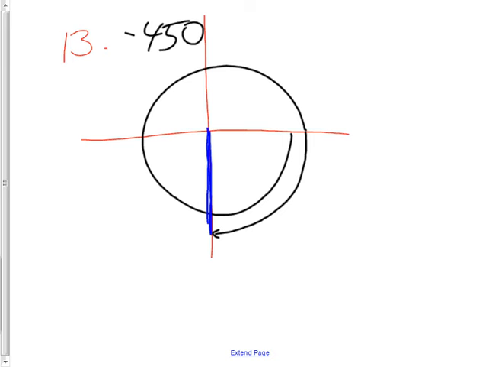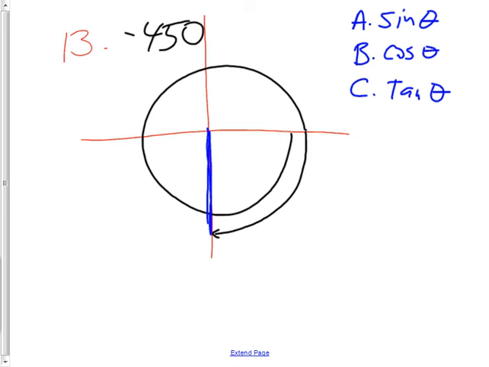Okay, anyway, what's important here is A is the sine, B is the cosine, and C is the tangent of it. And it is this point right here, which is what comma what? This is important now. 0 comma negative 1.